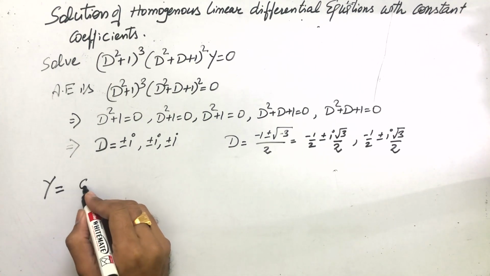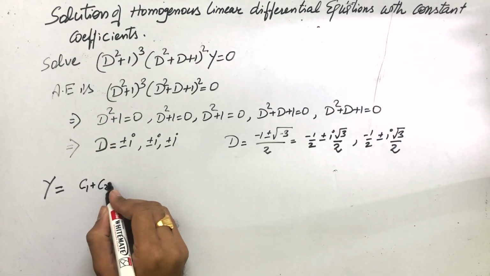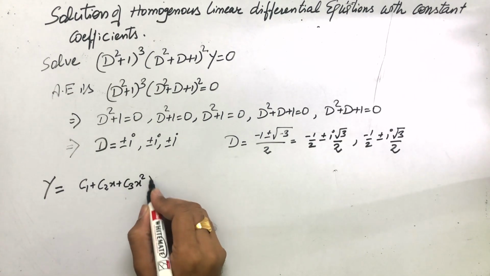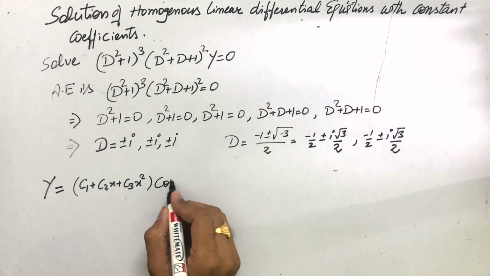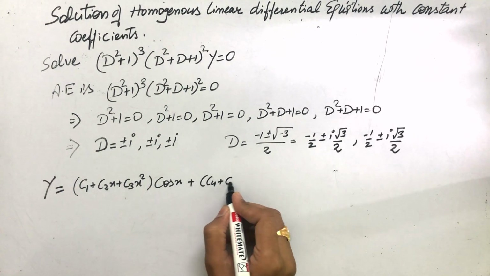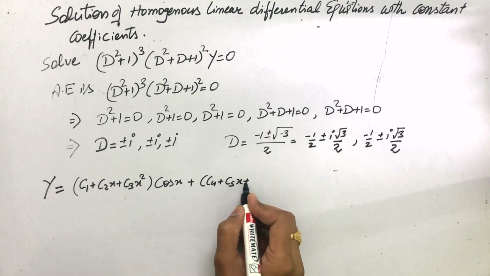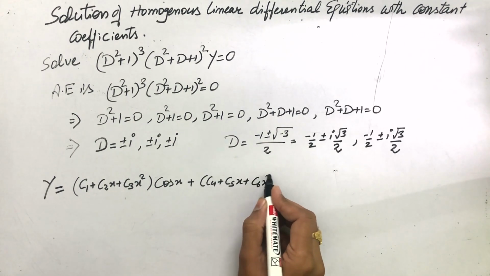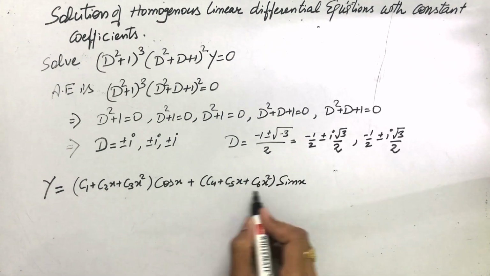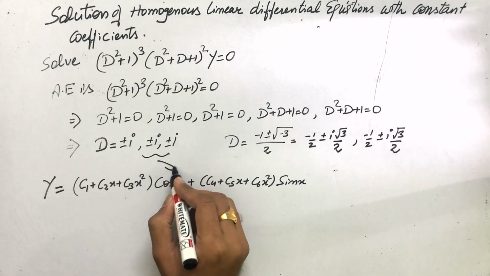So in the bracket we have c1 plus c2x plus c3x square cos of x plus c4 plus c5x plus c6x square sine of x.